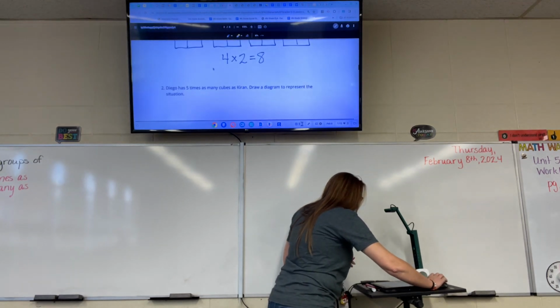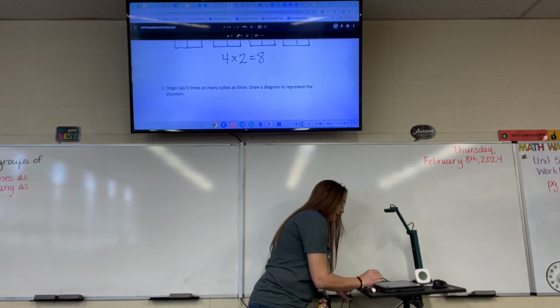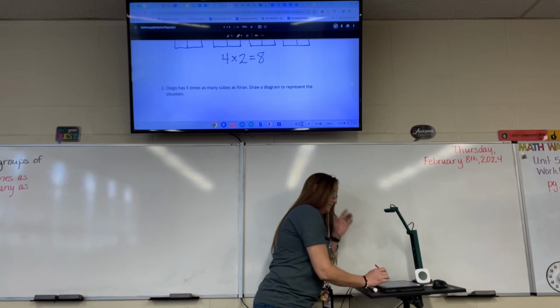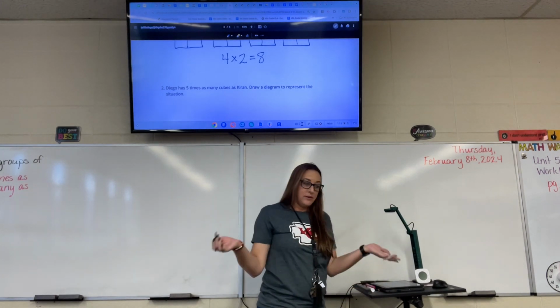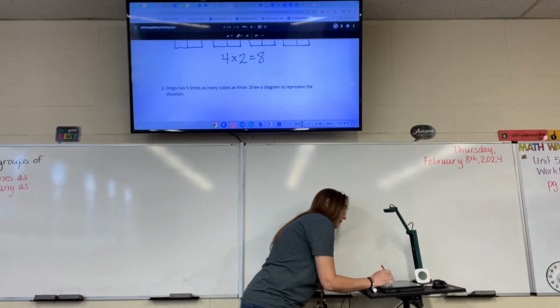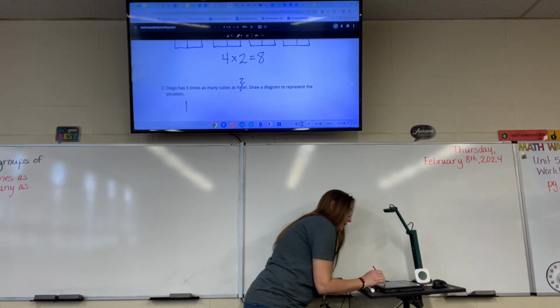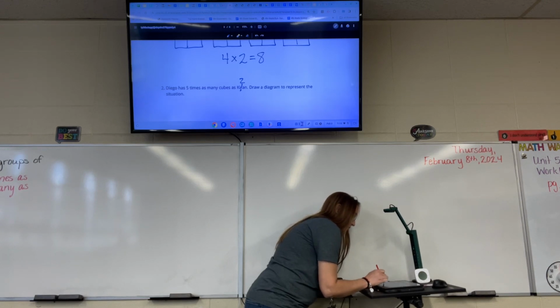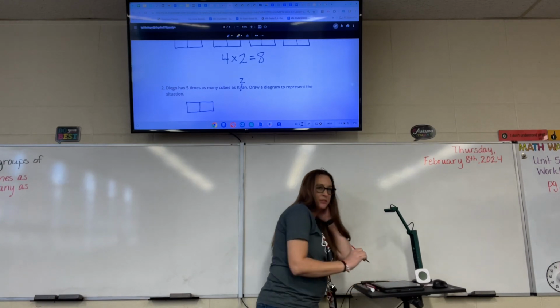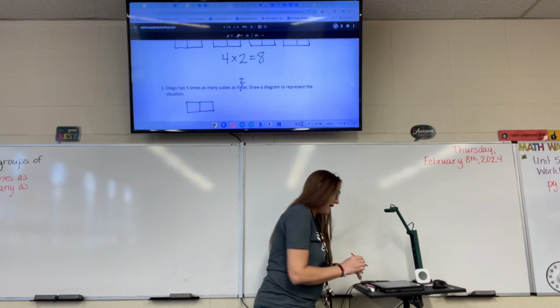Next it says Diego has 5 times as many as Kieran. What are we going to replace Kieran with? 2. So Kieran has 2, we know, and Kieran's blocks look like this with 2 blocks. But how many groups of 2 am I going to make? 5.